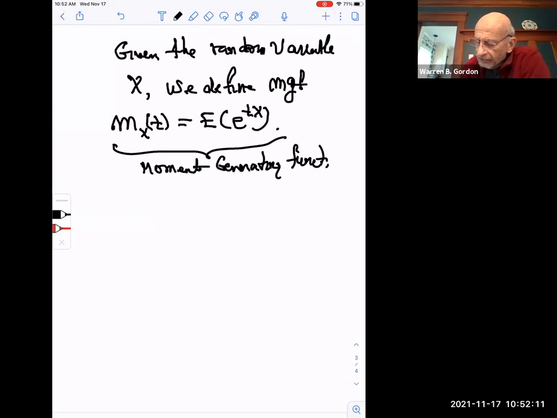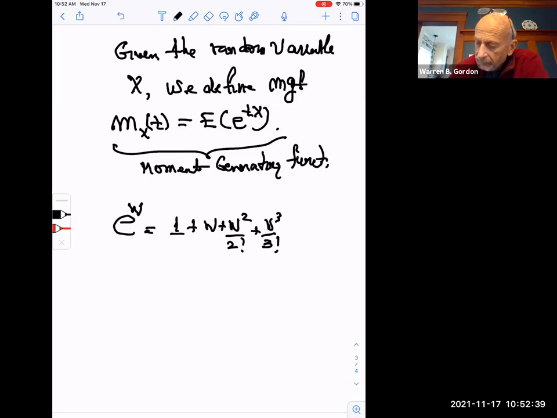Okay, so let's talk a little bit about this. Well, before I proceed, I want to tell you a result from calculus. We all are familiar with the exponential function. Now, we can show in calculus that e to the w power is equal to 1 plus w plus w squared over 2 factorial plus w cubed over 3 factorial, and so on.